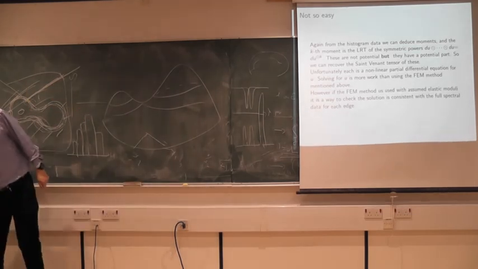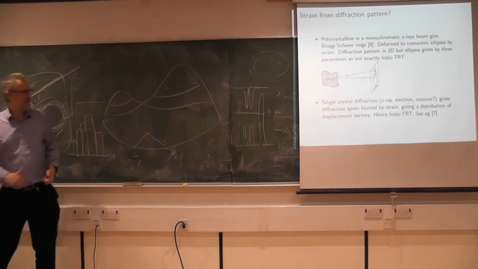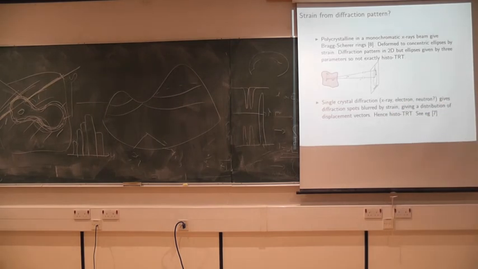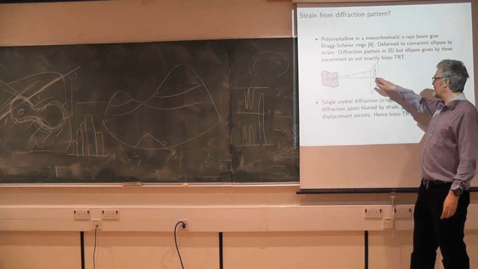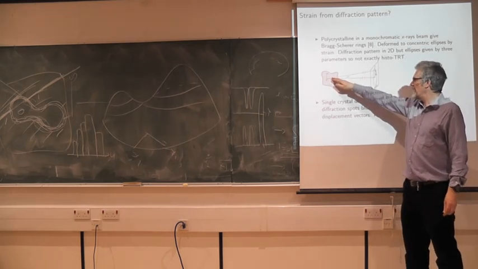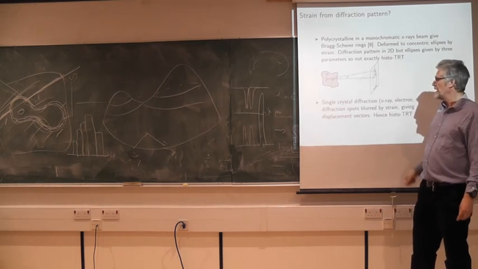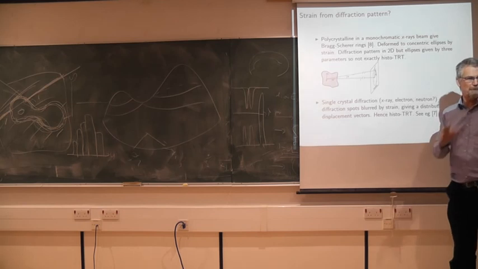Indulge me with one more thing. There are a couple of different types of strain tomography. One is polycrystalline, but instead of just getting what goes straight through, you get what is diffracted in a certain direction around a cone. Typically each crystal gives you a spot.